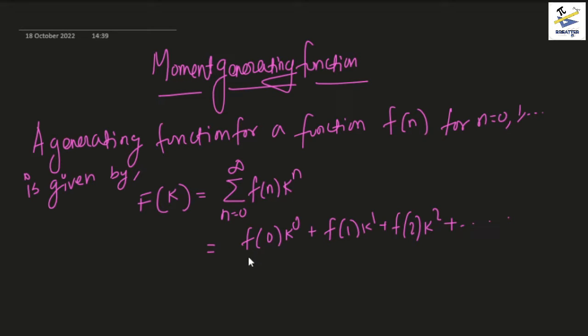So it basically means that the function F of k, when expanded as an infinite series, gives you all possible values of f, contained as different coefficients of k. The coefficient of k to the power n gives you f of n, right? That is why capital F is called the generating function.